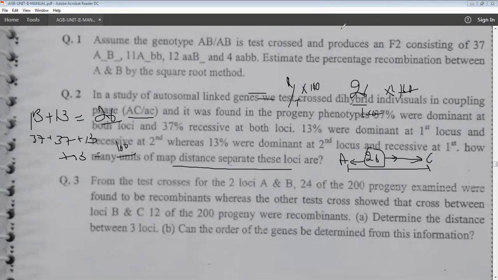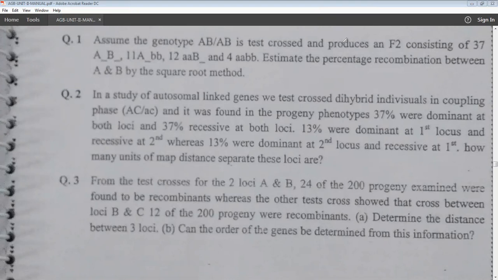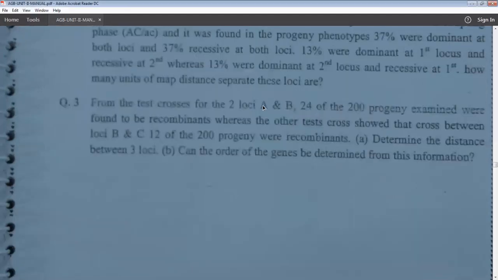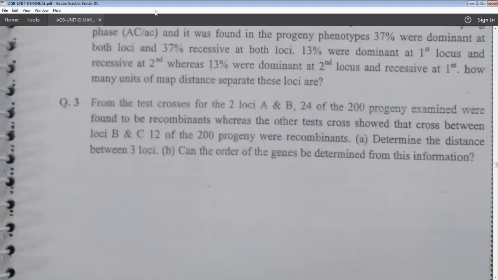These numericals are very easy. You just have to memorize the formula. The reading is all based on formulas. If you have the formula, everything is easy.